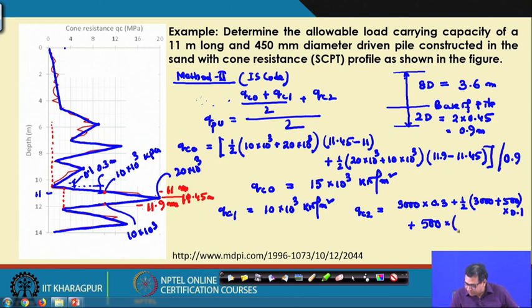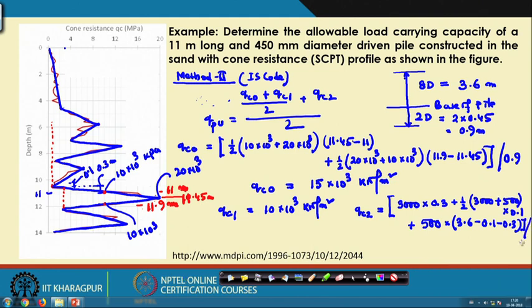So, that will be multiplied by 3.6 minus 0.1 minus 0.3, that is 3.2, and then the total is divided by 3.6. So, QC2 will be equal to, in this case, 743 kilonewton per meter square.